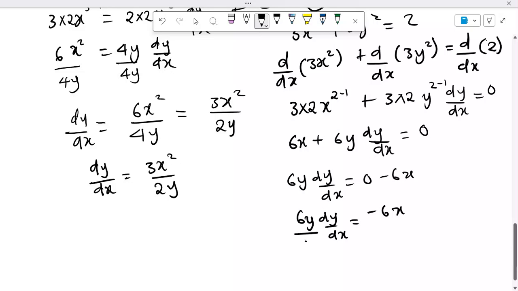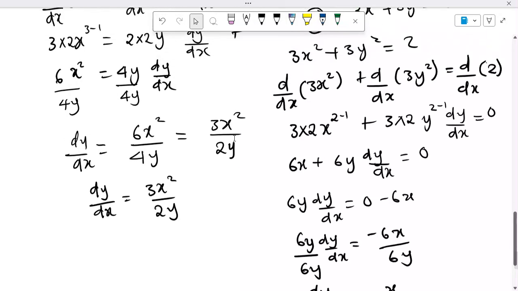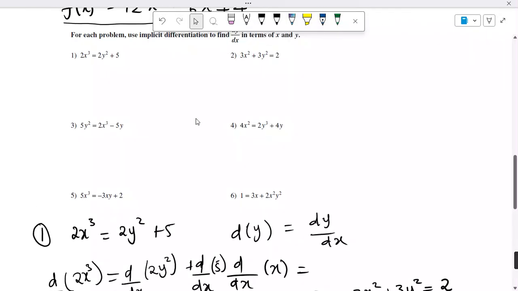So you divide by 6y, divide by 6y. Okay, so dy dx equals, 6 will cancel, negative x over y. Okay, so this is your answer. Very simple and straightforward. Okay, so let's go to 3.